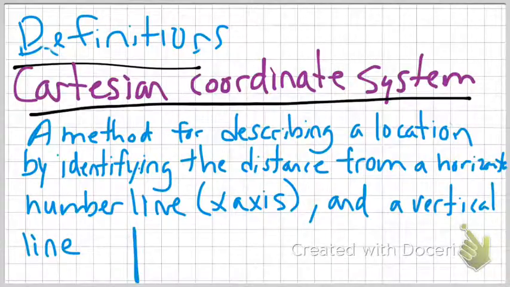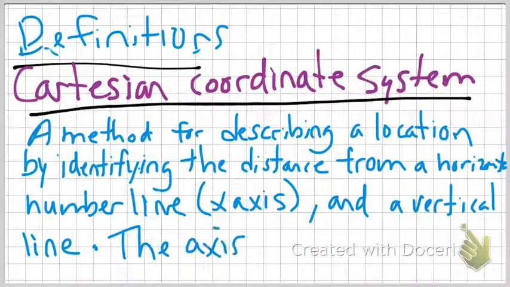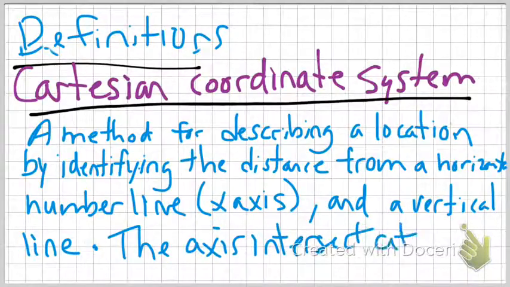Vertical's up and down, and horizontal is left and right. The axes intersect at 0, which means they go through each other at 0. 0 is also known as our origin. That's 0 right there.